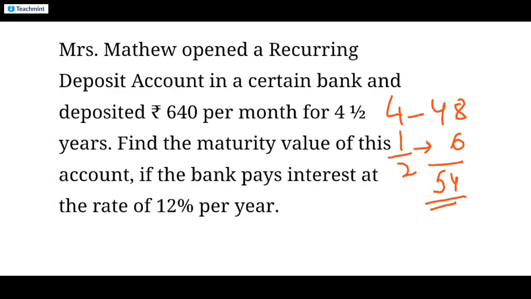Rest everything is straight. You just have to substitute 54 in the place of n. So Anushka, get me the answer for interest, and Nidhi, you're going to give me the answer for maturity value. Ma'am, so the number of months is 54. Yes.